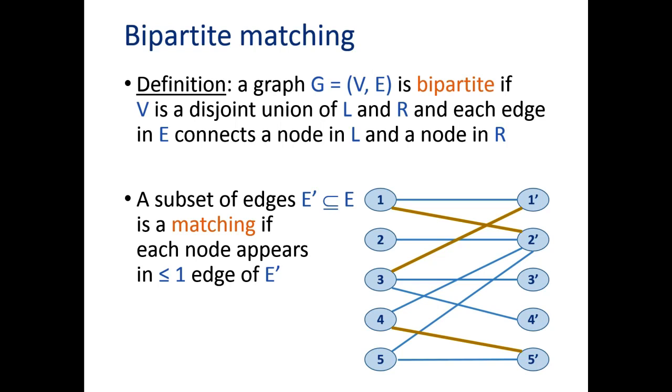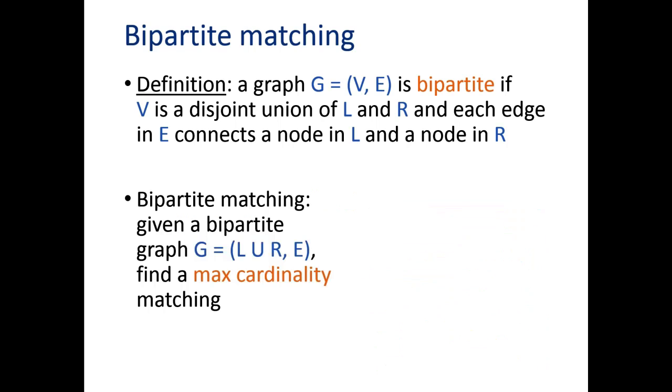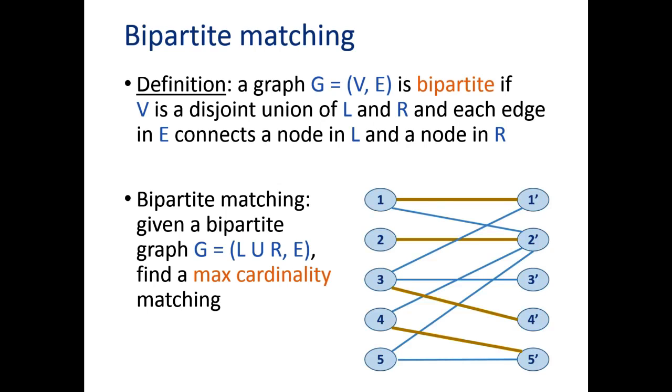Formally, a matching is a collection of edges so that each node appears in at most one edge. If you eyeball this matching, it has size 3, containing 3 edges. It's probably easy to find a larger matching. For instance, you can take all the flat horizontal edges. So the goal in the bipartite matching problem is, given a bipartite graph, find the maximum cardinality matching.